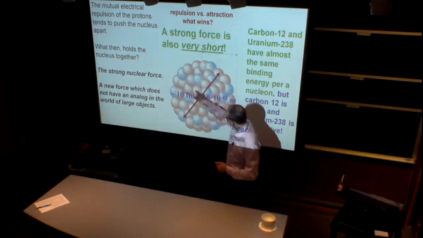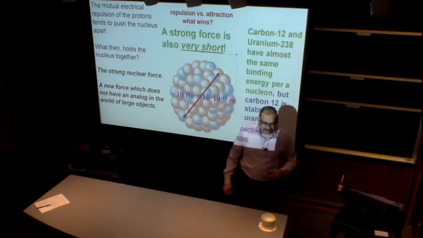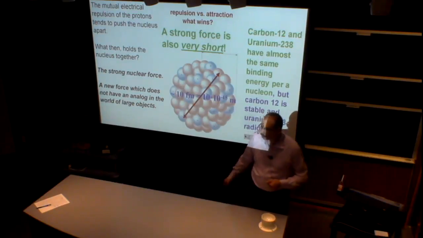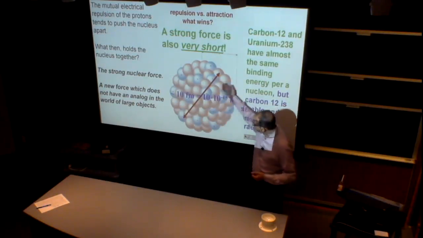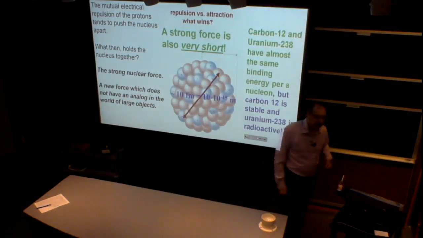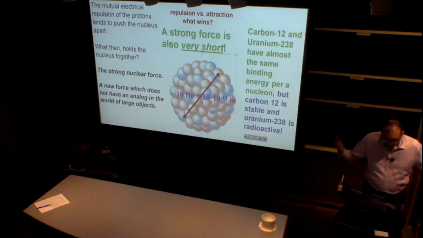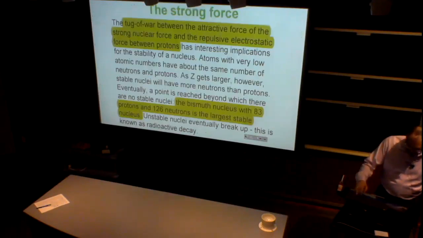For a small nucleus, the strong force wins, but while the electric force decreases inversely with distance squared, the strong force decreases much faster. So nucleons that are far apart cannot provide strong attraction anymore, and repulsion wins, and eventually the electrostatic force breaks it apart. And that's what we call a decay.